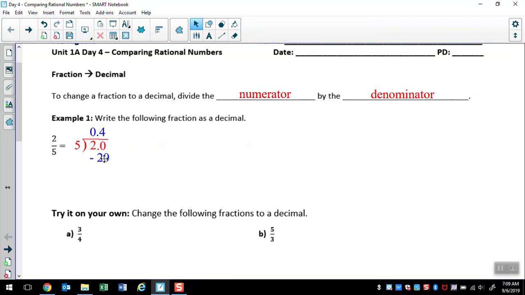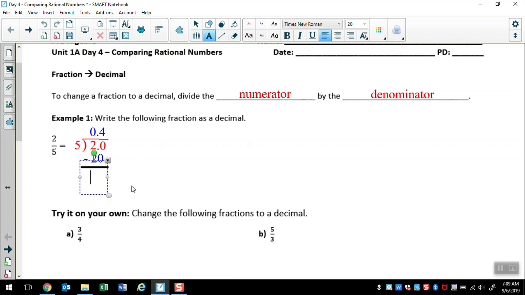So we're going to subtract 20 from 20. Again, we're ignoring that decimal point there. Draw a line underneath, and then 20 minus 20 gives us 0. That means we're done. Okay, we've taken it all the way to the end.